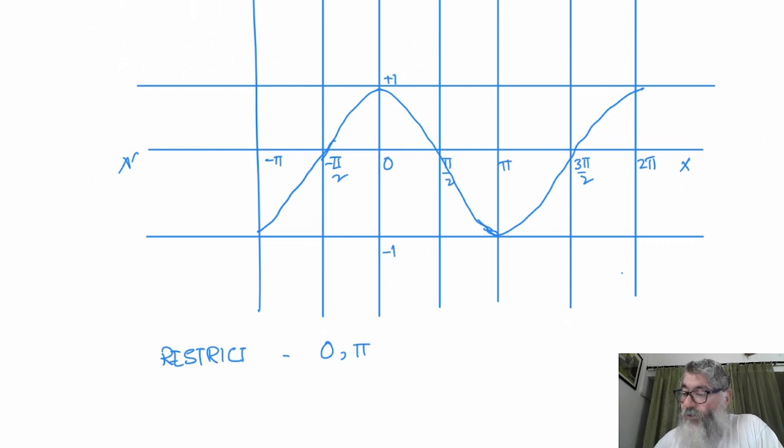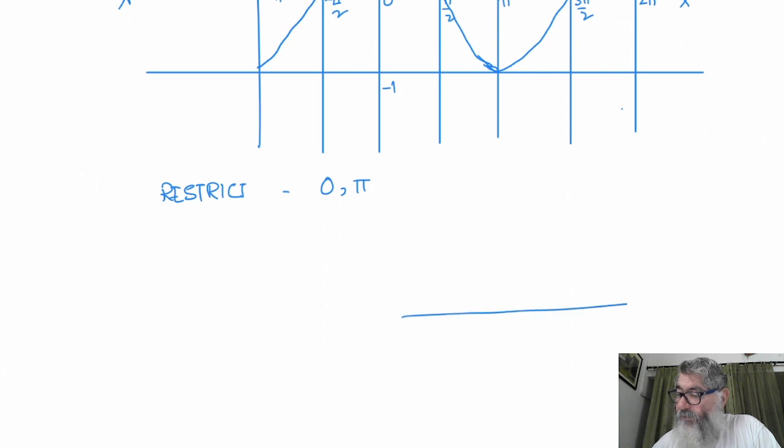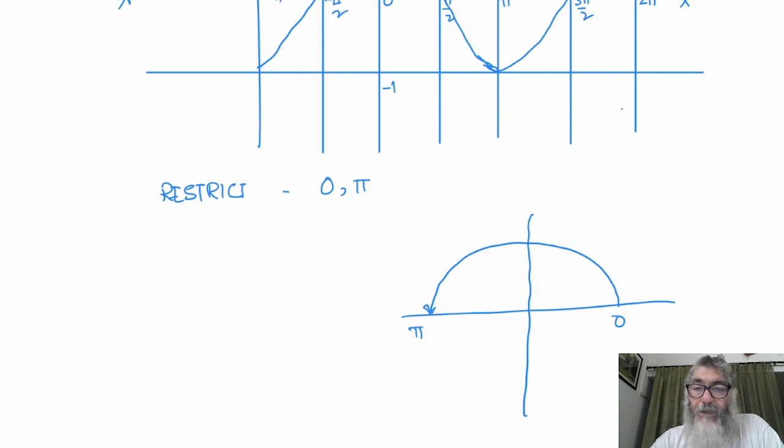Now 0 to pi means if you look at this, we start from 0 and go till pi. First and second quadrant. In the first quadrant, cos x is positive. In the second quadrant, cos x is negative. So it will get both the values, positive as well as negative. Is that clear? That is why we are restricting it to the first and second quadrant.